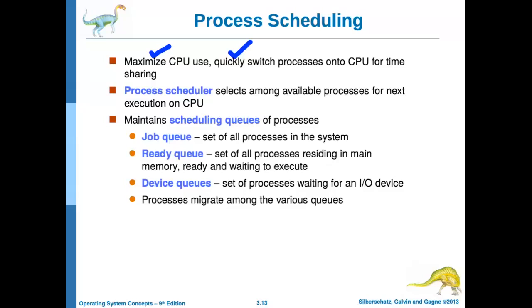And that is the reason the scheduler has to select such a process which can be quickly switched onto the CPU for sharing the time of the CPU. Anyway, that will again affect the throughput. So, a few guidelines: one of the tasks of the scheduler is to select amongst the available processes for the next execution on the CPU such that the switching is quick and it maximizes the CPU use.